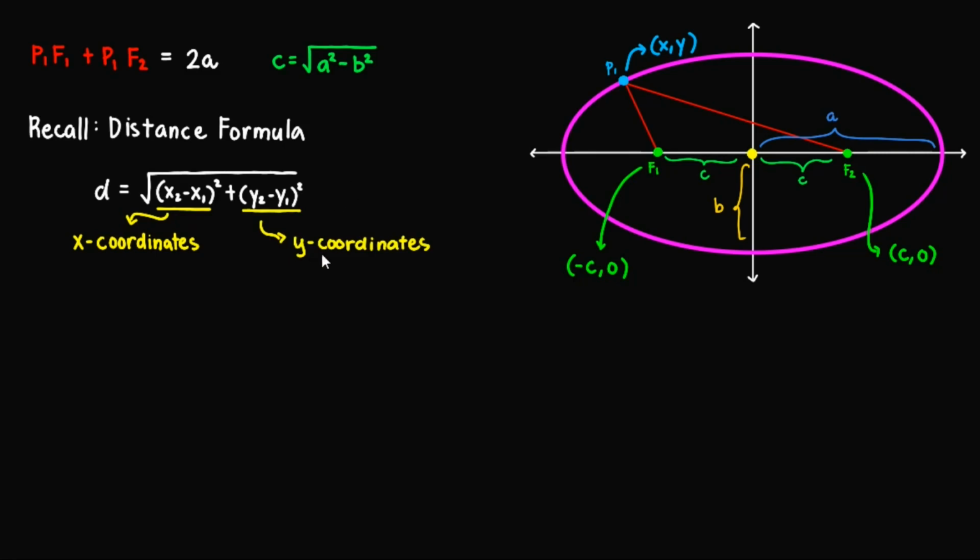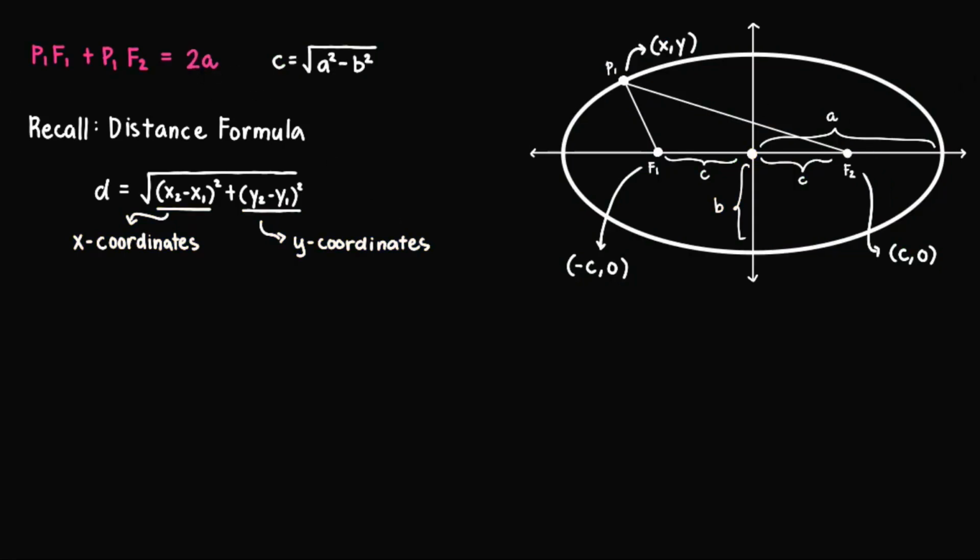And so, what we'll be doing is applying this distance formula to obtain the lengths of P1F1 and P1F2 equals 2A. So we'll be focusing on the equation out here.